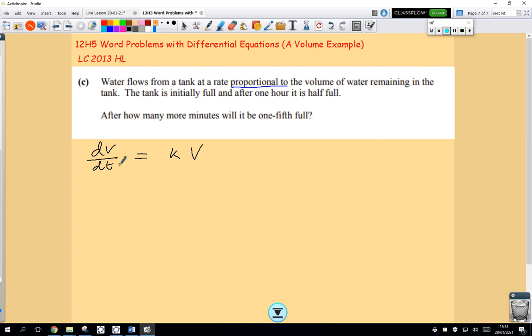The other thing is, because it's flowing from the tank, that rate of change is going to be negative. Remember, volume is always positive, so it's going to be some negative constant times V. Okay? That's the first thing.